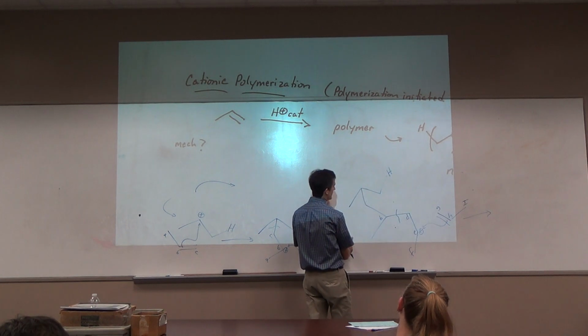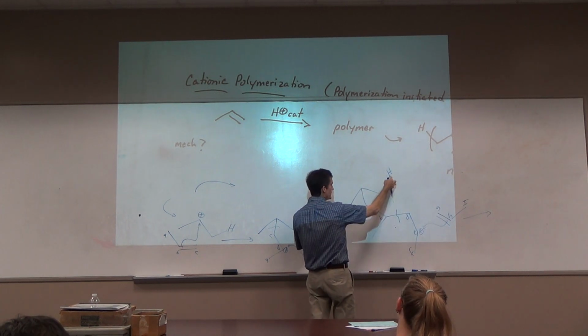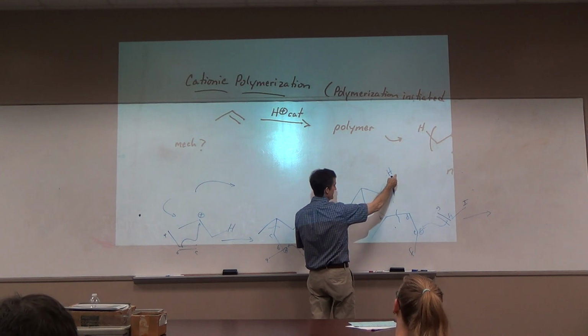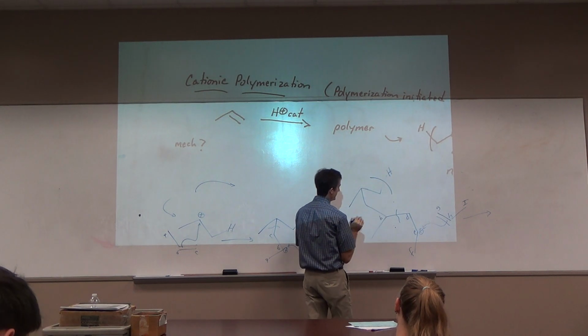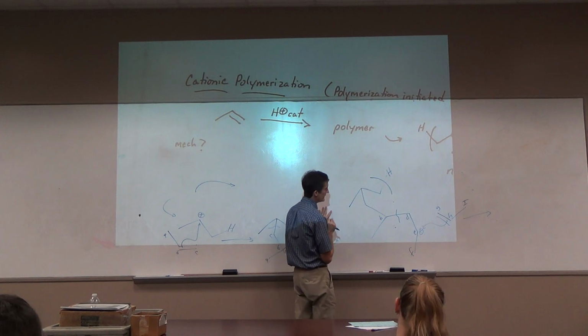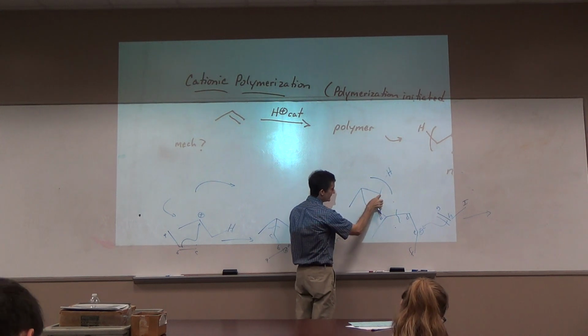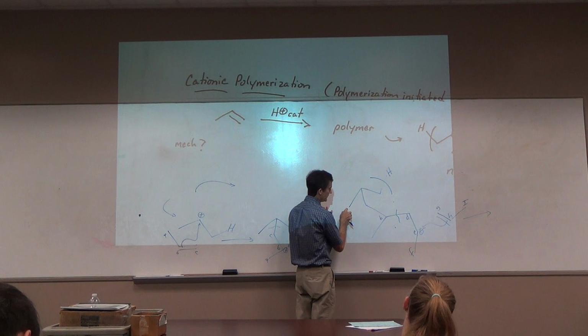Okay, what do we have here? We had this initial H that came in. I kept it drawn in for a purpose. But after the initial H, we have a repeating unit. It's a CH2 carbon methyl.